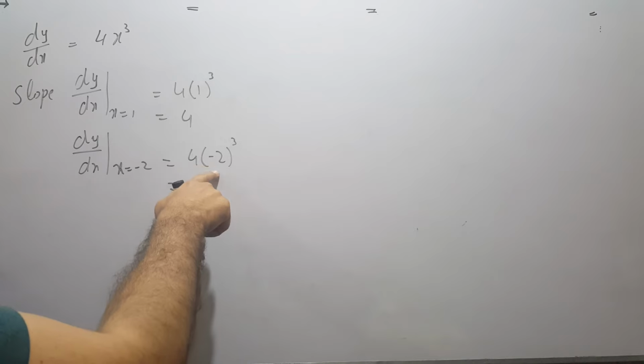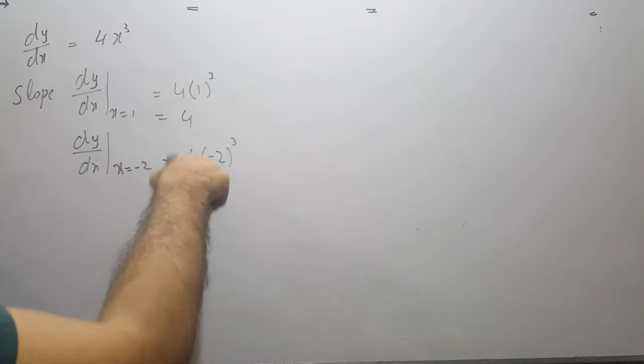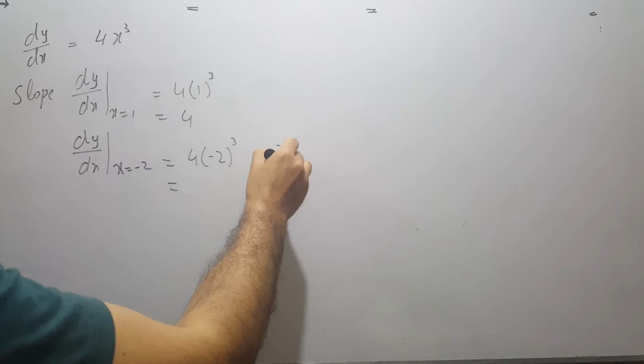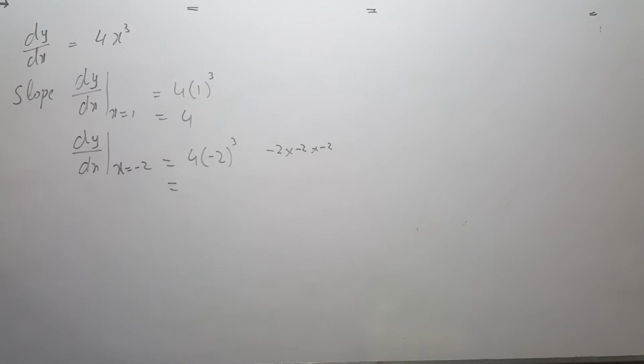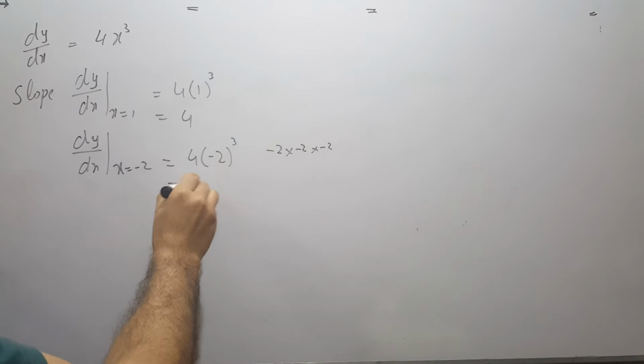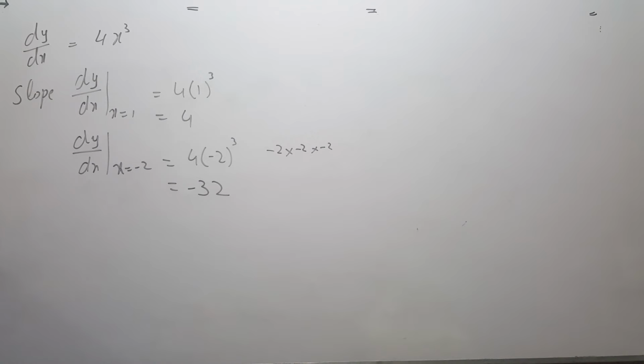Then you can see that 4 times minus 2 into minus 2 into minus 2 gives us minus 8, and that gives you minus 8 times 4 is minus 32. So this is how you find out the derivative using limit definition and find out the slope for some given points. Thank you very much.